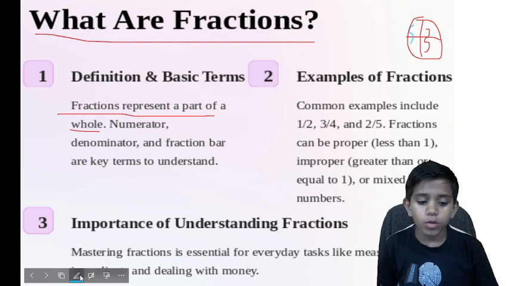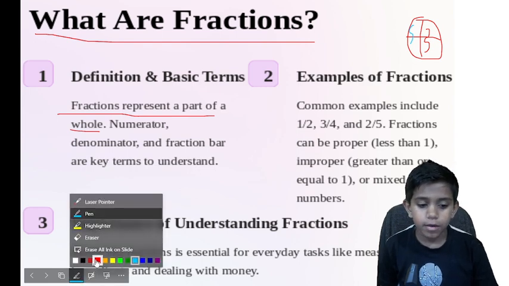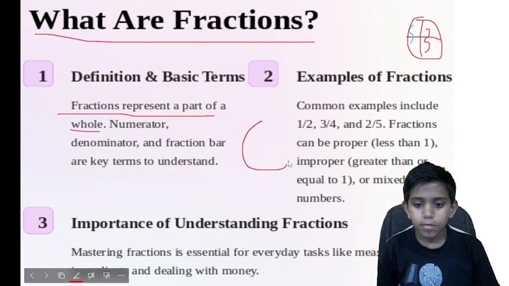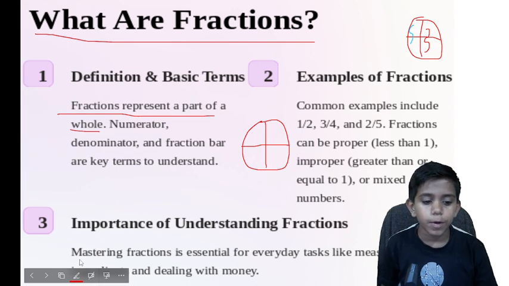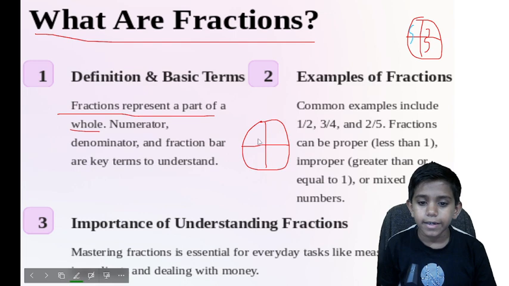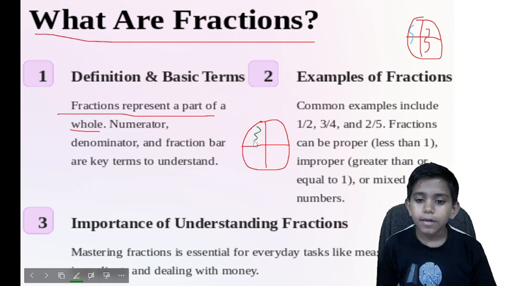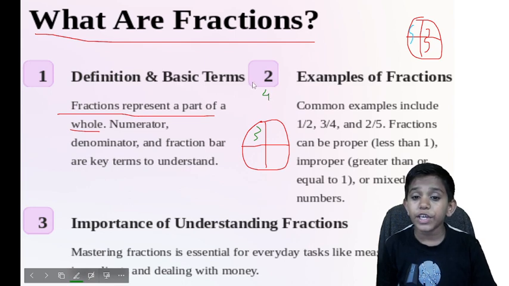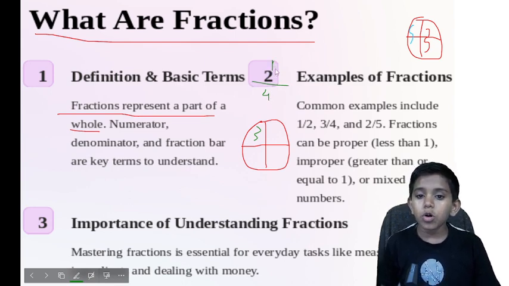Next, if we draw one more chapati here, yes, so I have drawn one more chapati, and if I shade, or if I eat this part, how many total parts are there? There are 4 equal parts, and I ate 1. So it is 1 by 4.